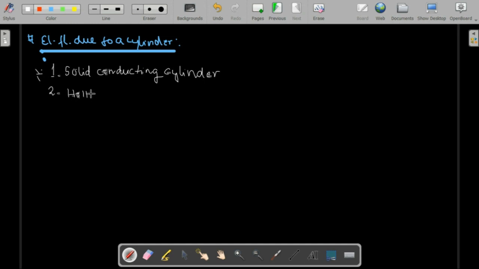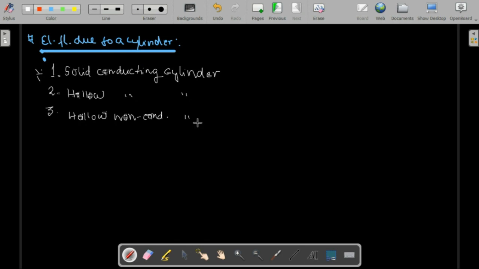I hope hollow and solid are clear. Hollow conducting cylinder: hollow, nothing is there inside. Solid, there is something inside. It's not hollow. And the third one is a hollow non-conducting cylinder.